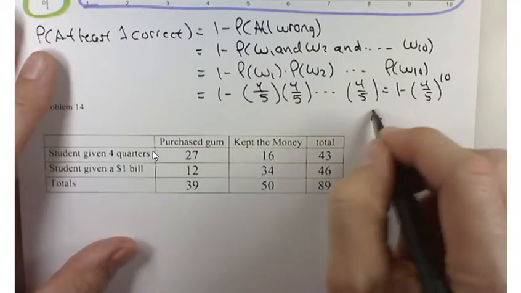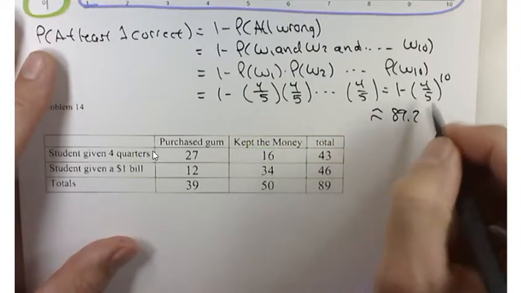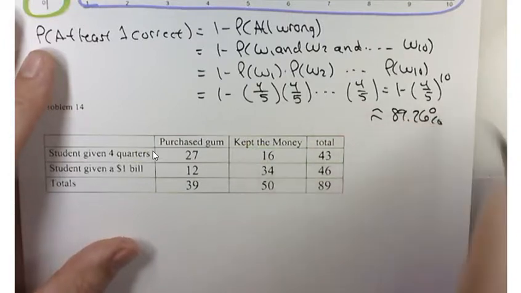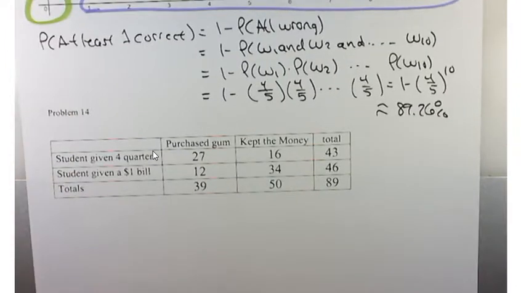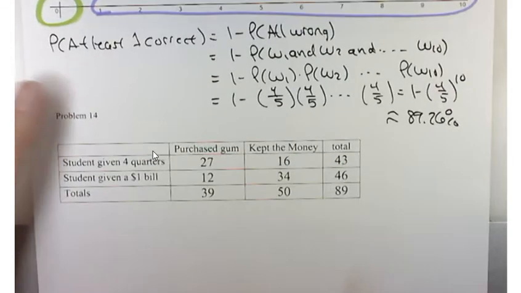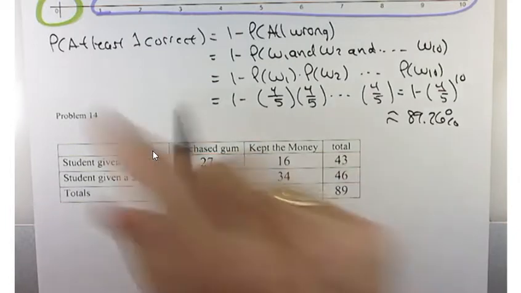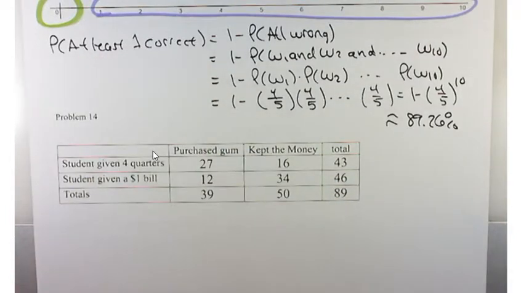Should get about 89.26% as your final answer. So just a little bit under a 90% chance of getting at least one right. You have to be a little bit on the unlucky side to not get one right, but it could happen very easily.